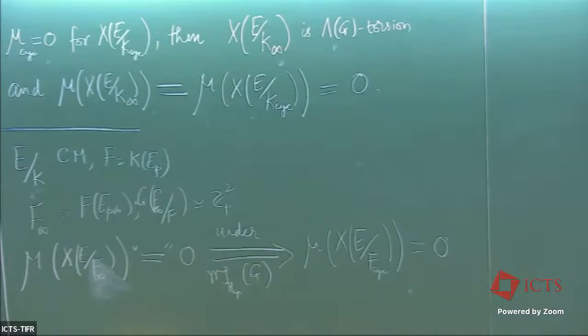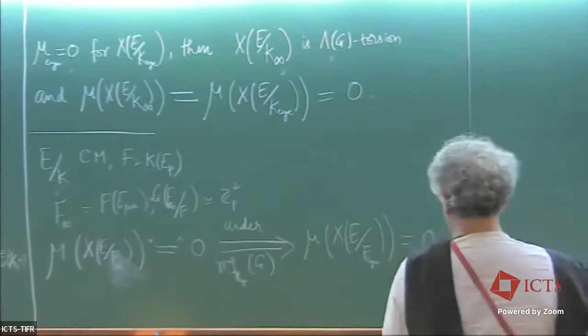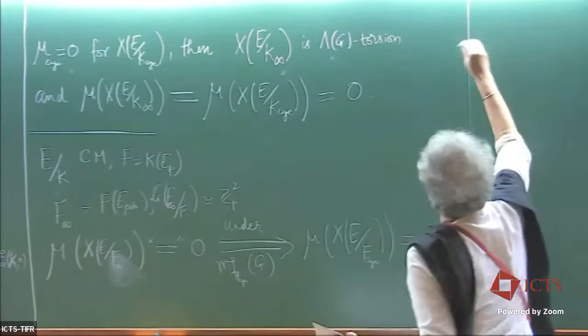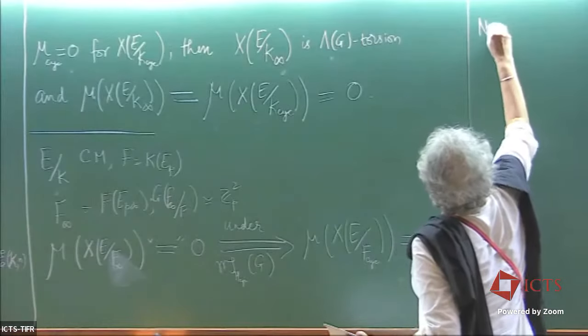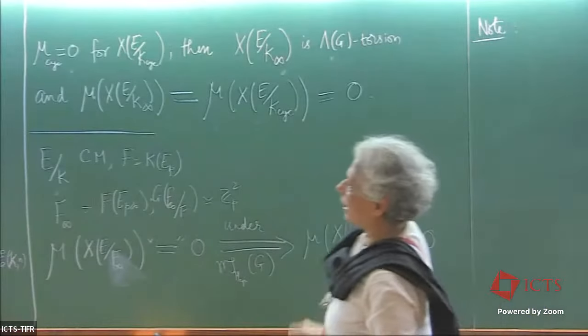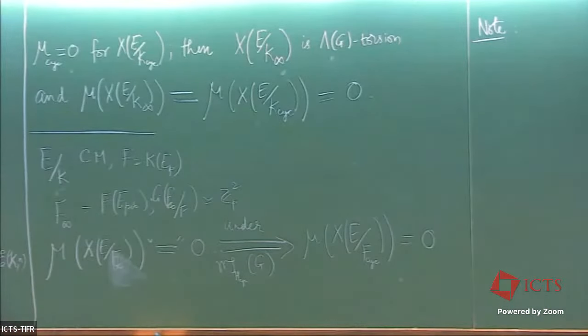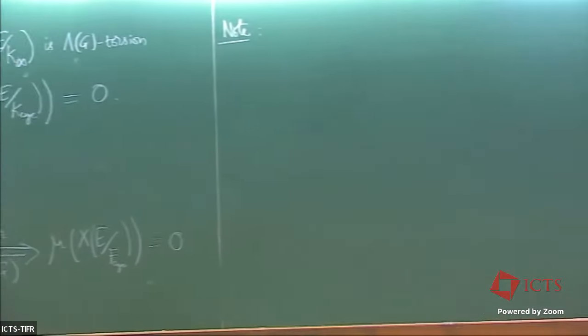So I'll just state the result that we can prove. Okay, here is the first, maybe I'll just say, note. So I introduced this special class of H, this subset of all Z_p extensions, which I called script H here.